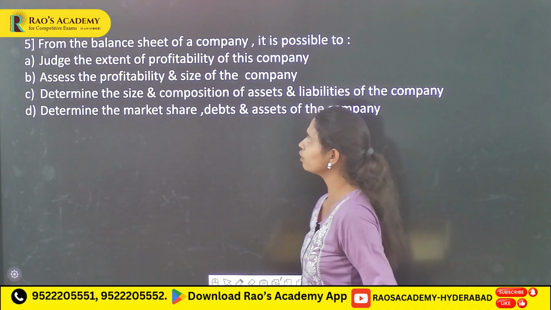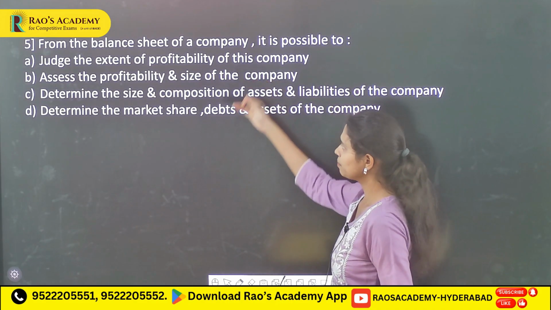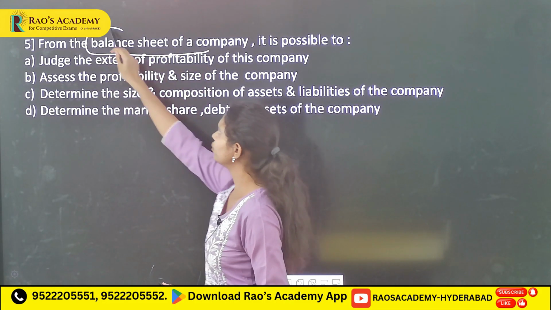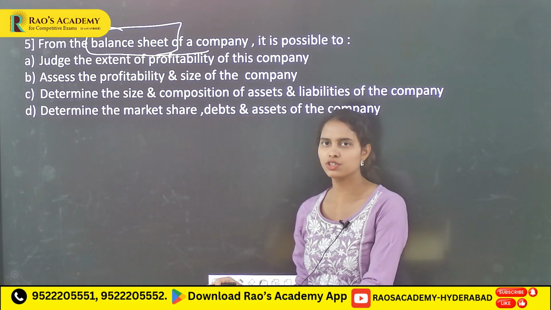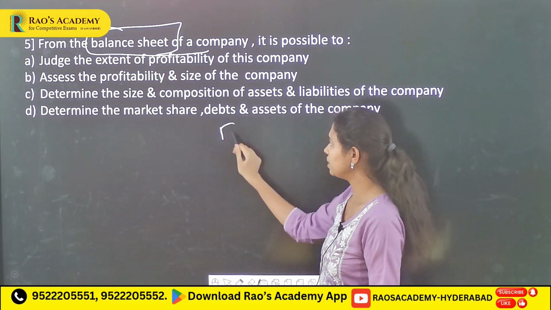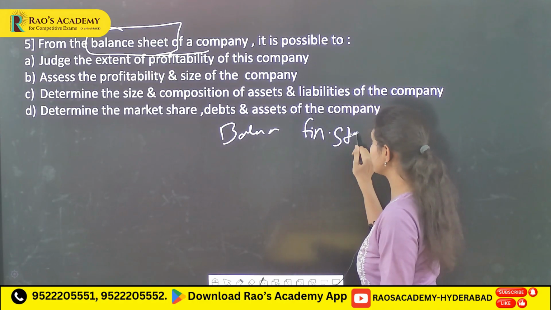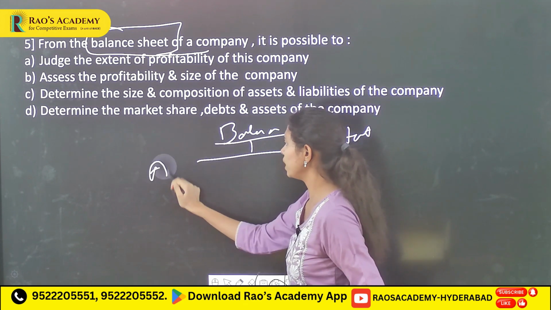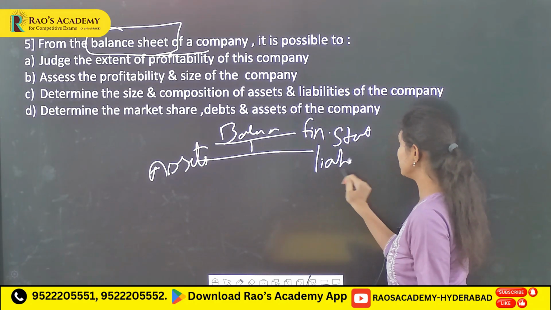Then followed by, from the balance sheet of a company, it is possible to determine which of these following statements. So before getting into these statements, you have to understand what you mean by the balance sheet of a particular company. Here the balance sheet is nothing but a financial statement of a particular company. So here this balance sheet includes two components, one being that of assets and the other being that of liabilities.